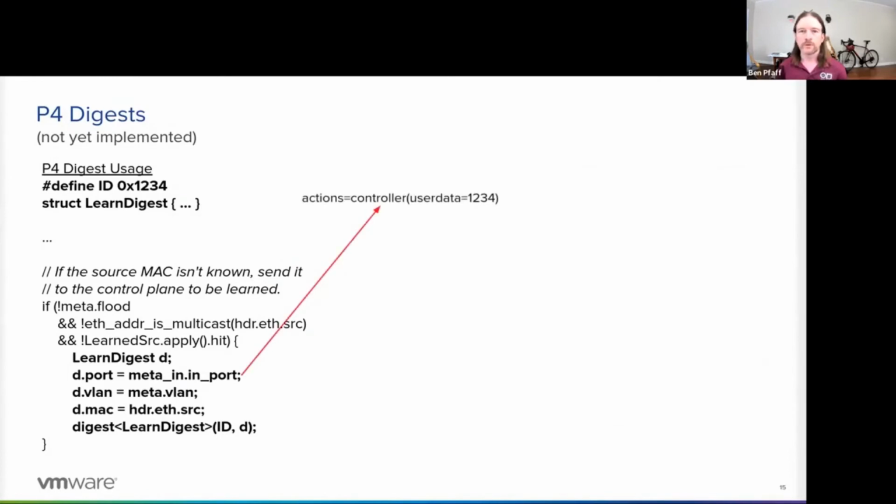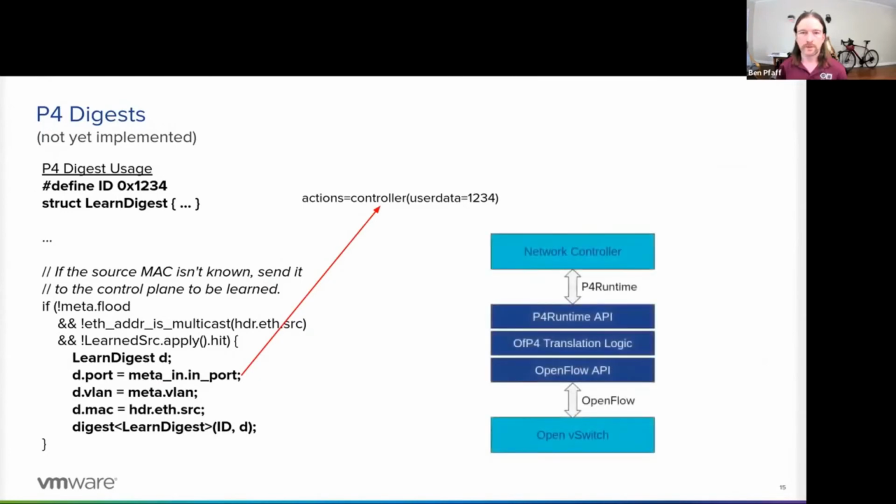At the OpenFlow flow level, OFP4 implements a digest with an OpenFlow action that sends the packet to the OpenFlow controller with user data that identifies the type of digest. Then, when OVS executes that action, we can think of it in terms of the structure of OFP4, like I showed early in the talk. OVS sends the packet and metadata to OFP4 over OpenFlow, since OFP4 is its OpenFlow controller.